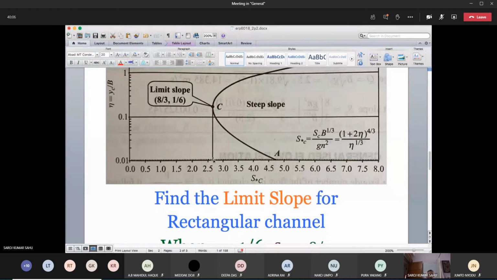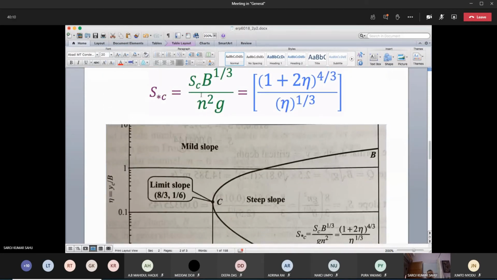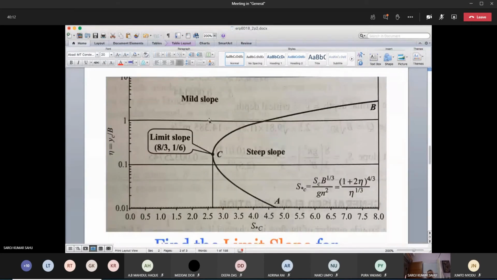So for slopes lesser than this, everywhere it is mild slope, isn't it? Everywhere it is mild slope. If the slope is more than this, then you will have to further evaluate these two values, and within that it is steep. More than this it is mild, less than this it is mild.